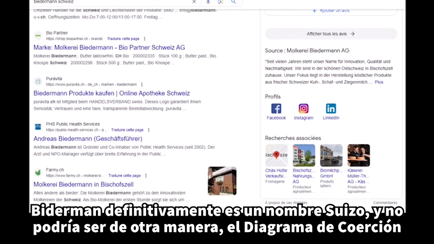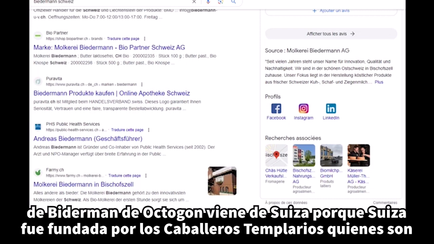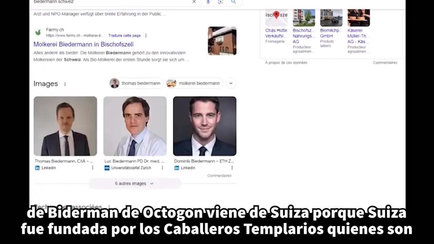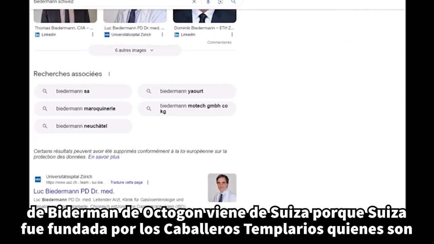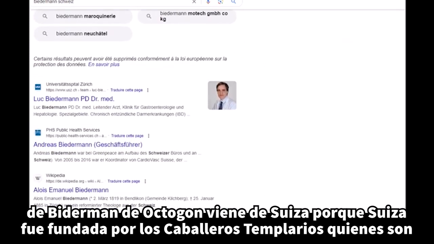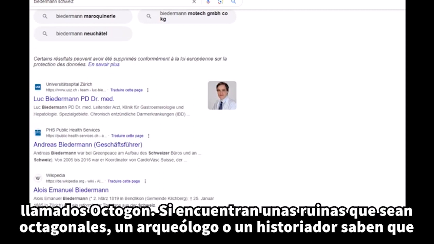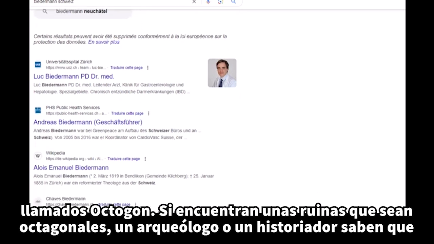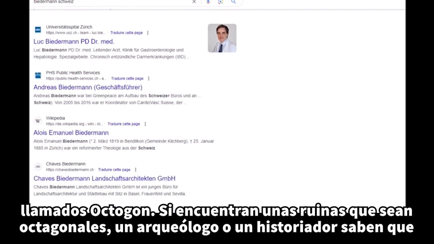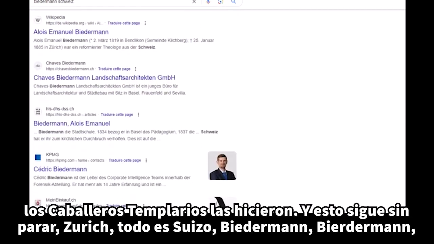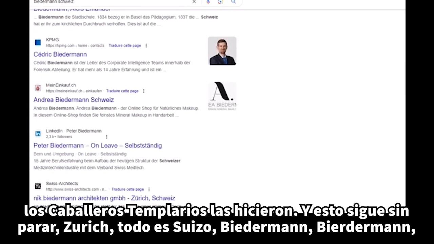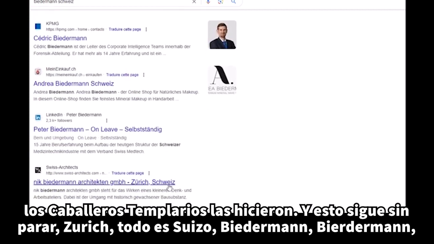And it couldn't be otherwise that the octagon, Biderman's chart of coercion, comes from Switzerland, because Switzerland was founded by the Knights Templars, who are called octagon. If an archaeologist or historian finds ruins which are octagonal, the Knights Templars did it. So it goes on and on. Here Zurich, it's all Swiss. Biderman, here Biderman.